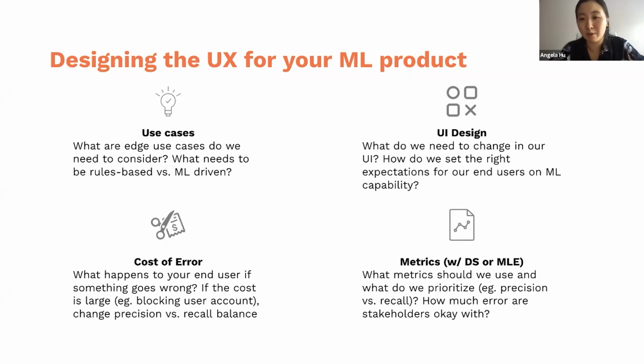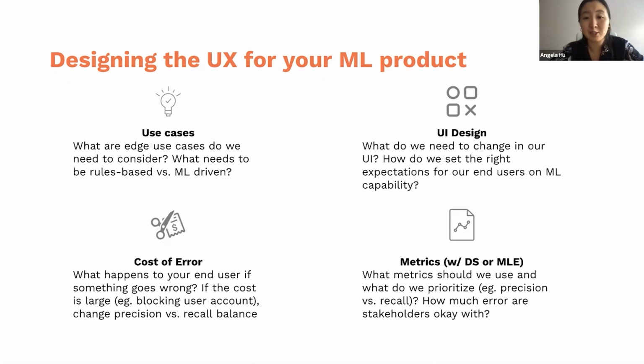And if we get a false positive for someone that we think is fraudulent, but they actually aren't, we've ended up losing a customer. So a lot of the times here, when it comes down to this level of a cost of error, it doesn't mean that we shouldn't build an ML product for it, but what we should consider is changing the precision versus recall and focusing a lot more on precision. I won't go into explaining too much on precision versus recall, but there's a lot of great resources on Google that you could probably take a look at to get a better understanding of what the two are. But generally, if the cost of error is higher, we tend to focus much more on precision.